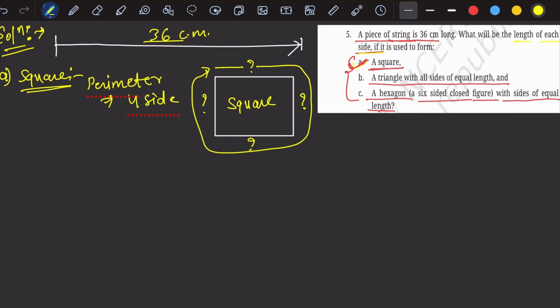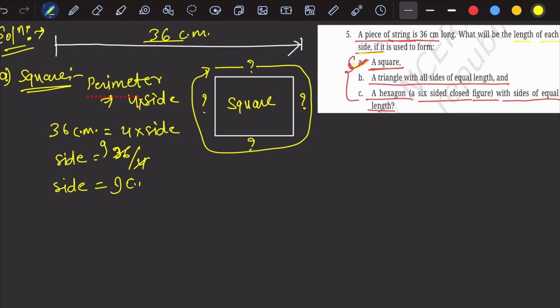So 36 centimeter equals 4 into side. So side is equal to 36 by 4, so the side's value will be 9 centimeter.